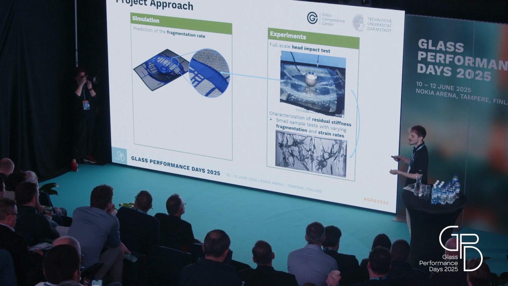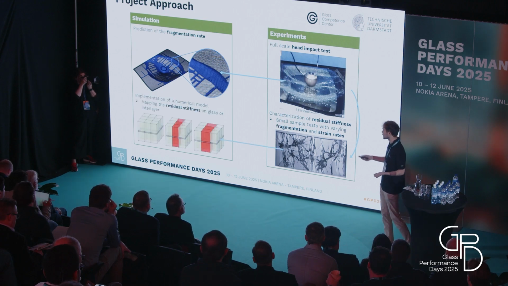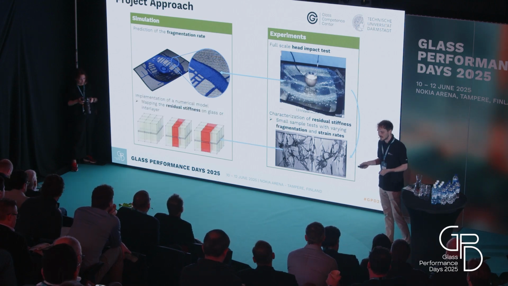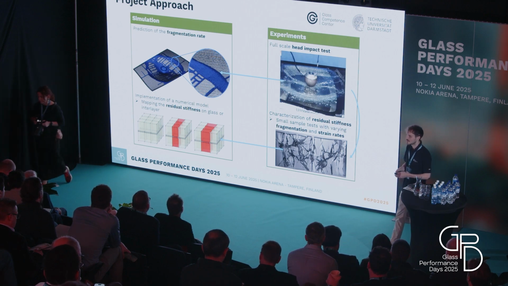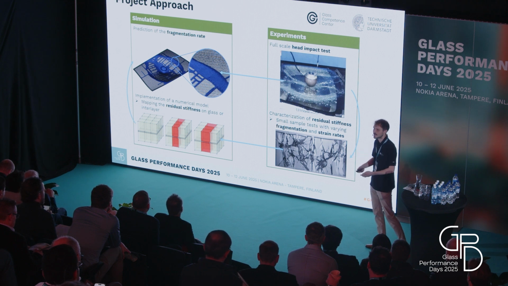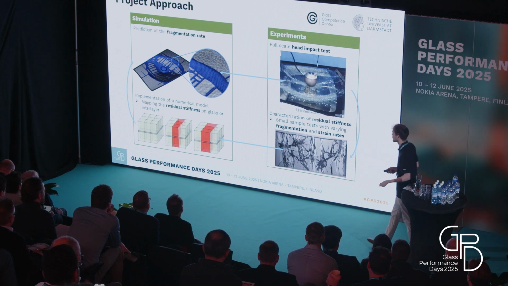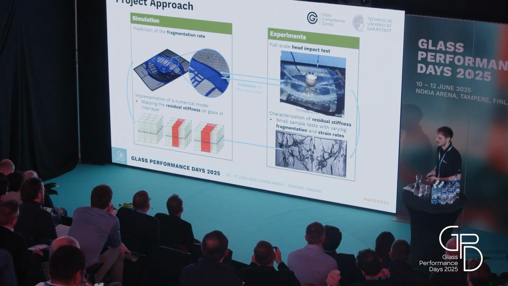Instead, we will produce a smeared material model, and we will integrate this into a numerical model by mapping the residual stiffness onto the glass or the interlayer. This we will put on the prediction of the fragmentation rate and hopefully have the full picture, which we will then validate with these full head impact tests.